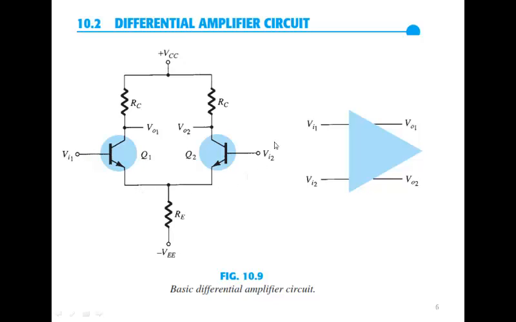And if I apply the same potential at this terminal as well, then corresponding to this potential there would be the same increase in IB and the same increase in IE as for this side. So these two currents would be equal and in the same direction.